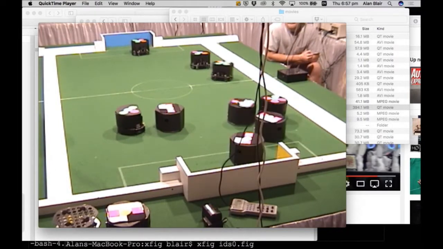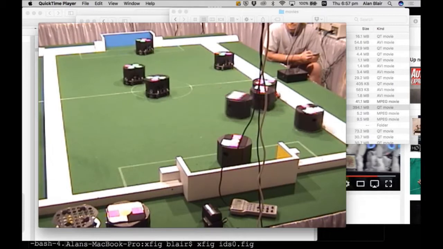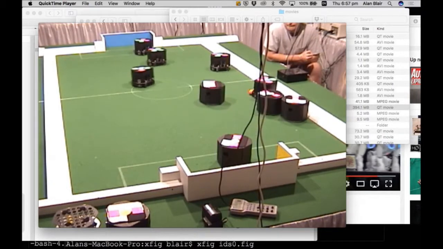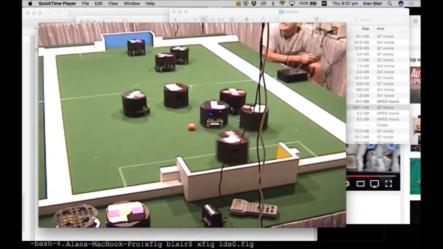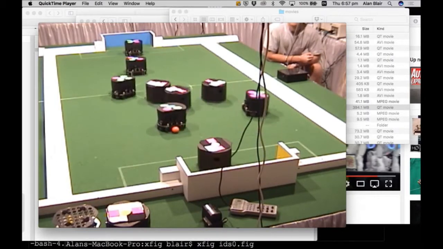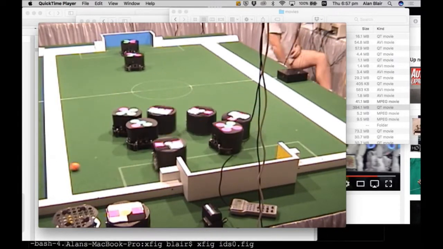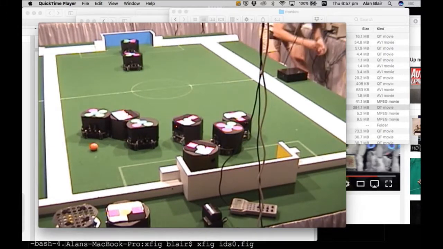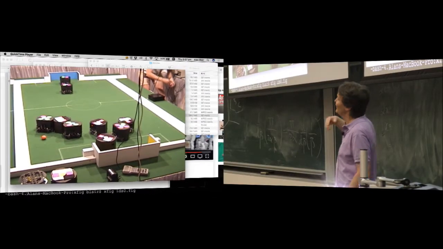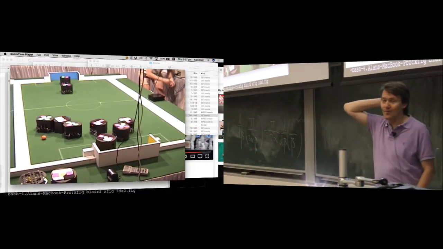But in this league, there's actually a camera hung above the field, and the camera sends its images to a desktop computer, and then the desktop communicates wirelessly with the robots.